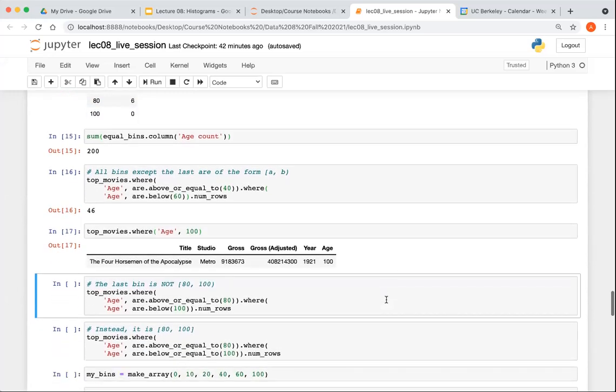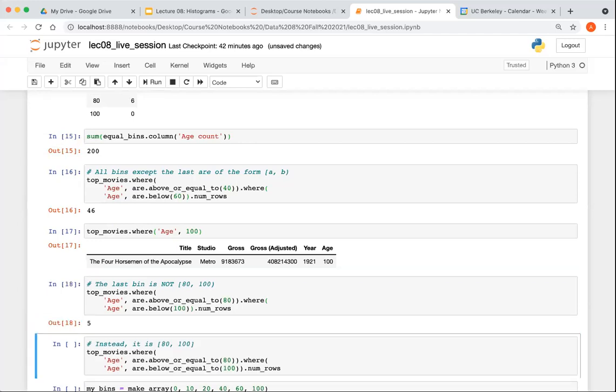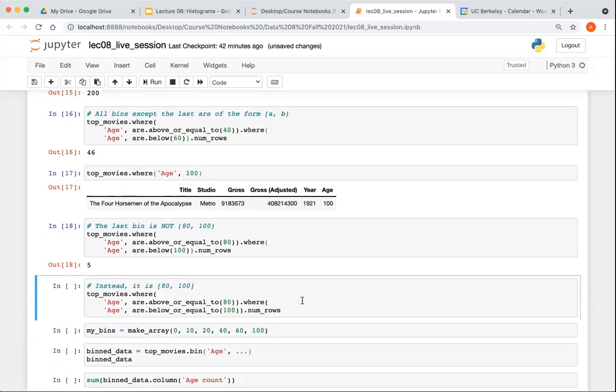Let us see if we took all the movies that are at 80 or more years old, but strictly less than 100 years old, would we get 6? No, we get 5. All right. But if we take the movies that are at least 80 years old and at most 100, including 100, then we get 6.